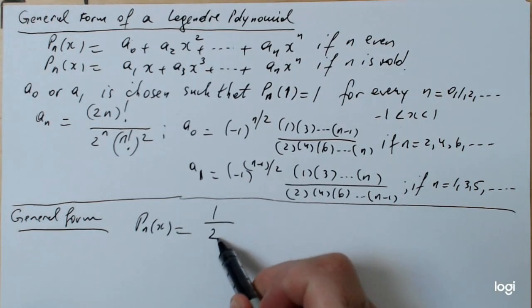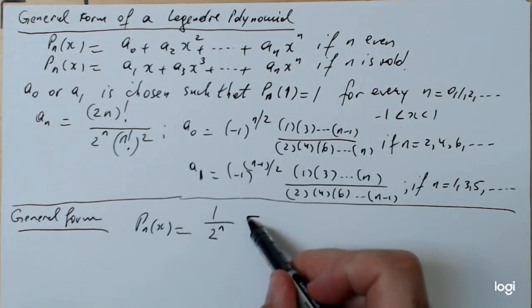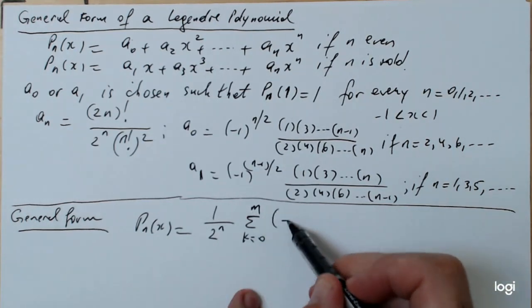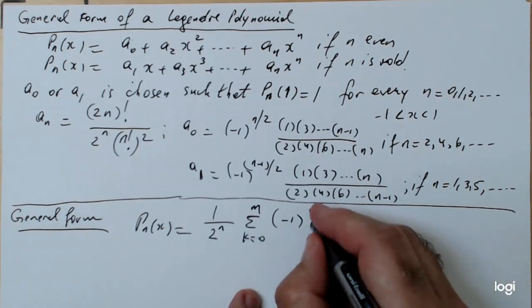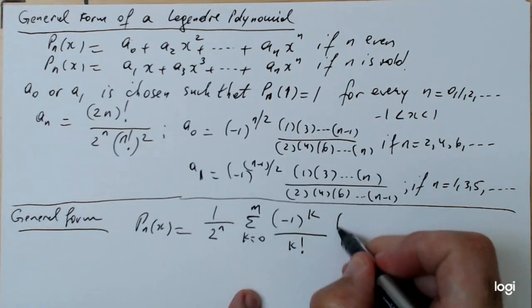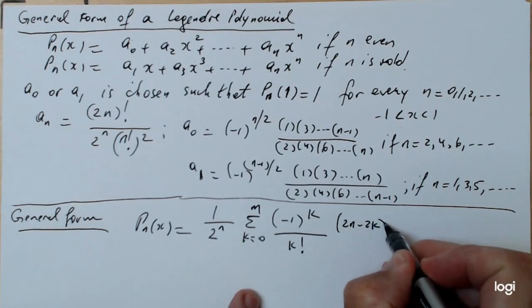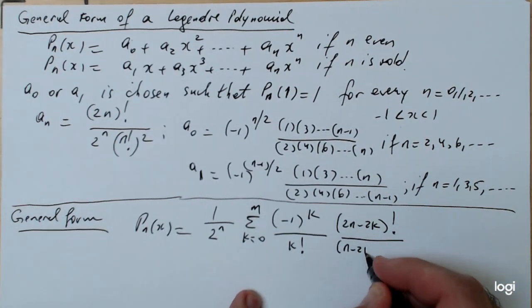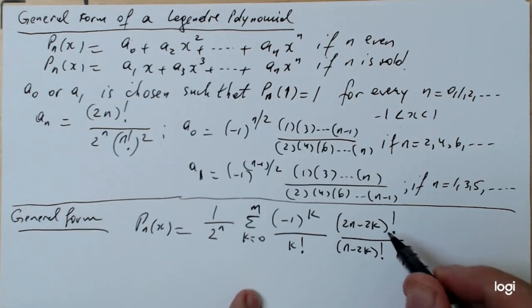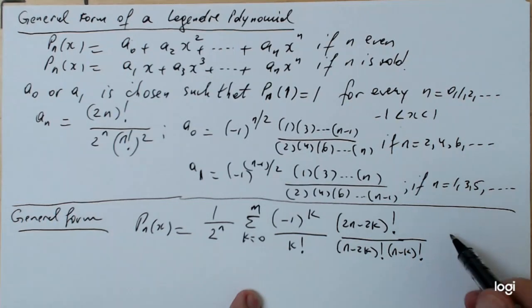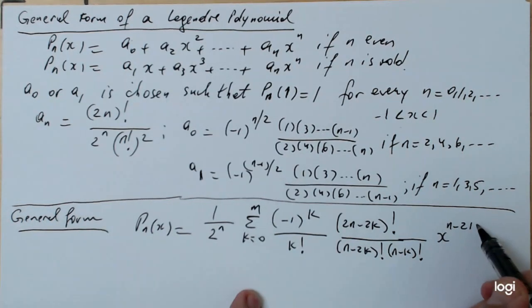So it's 1 over 2^n, summation from k=0 to m, and I'll say immediately what m is, (-1)^k over k!, (2n-2k)! over (n-2k)! (n-k)!, and x^(n-2k).